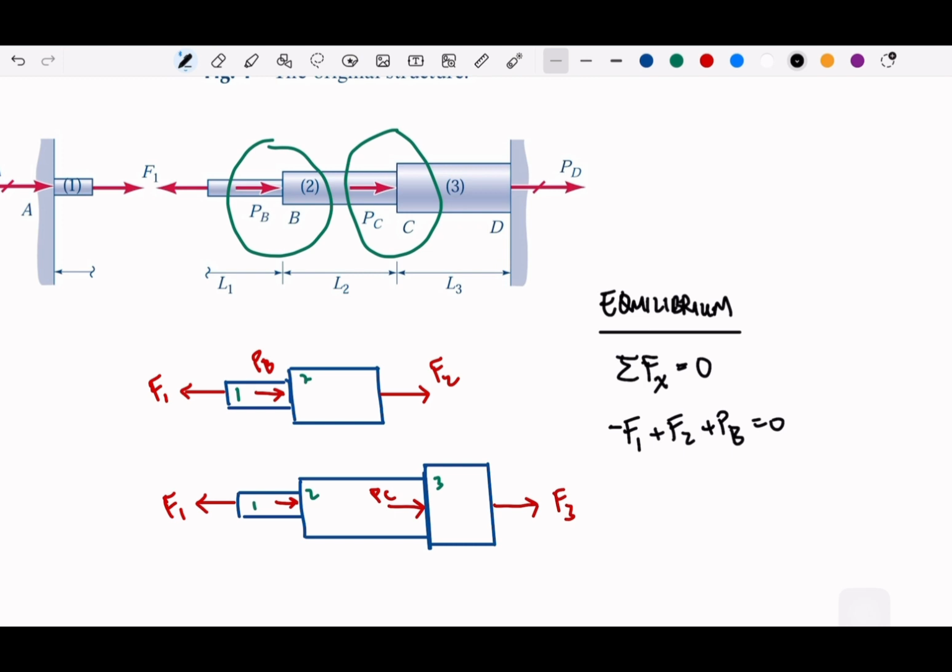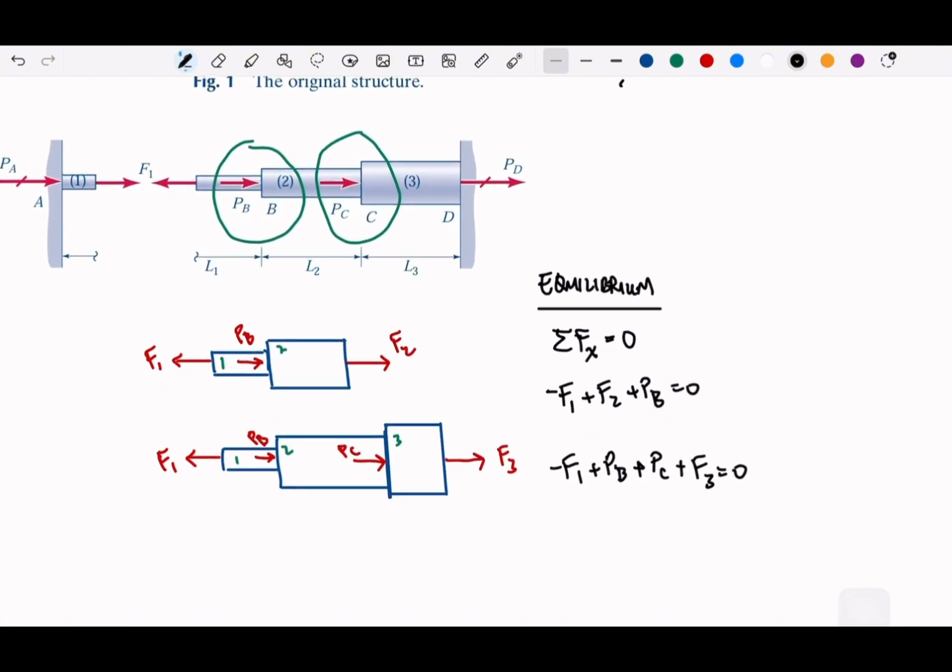And from the second picture, we can have, this is PB, sorry, negative F1 plus PB plus PC plus F3 equals 0.